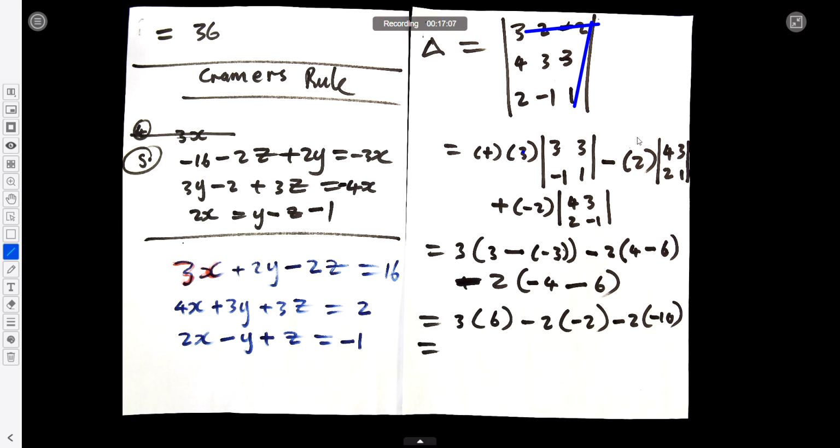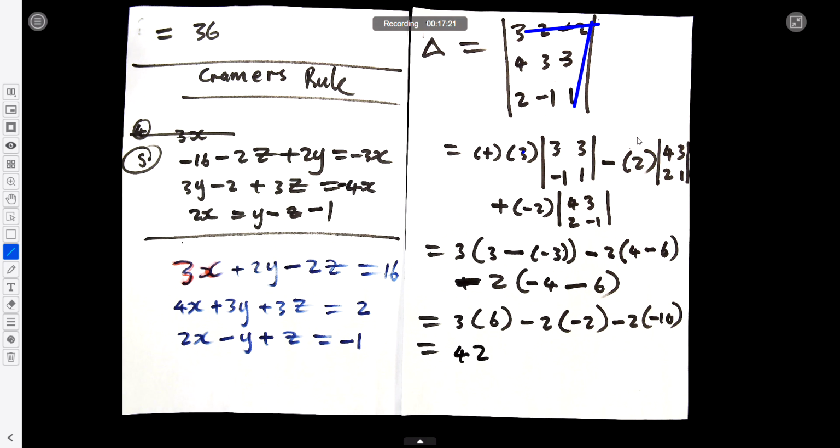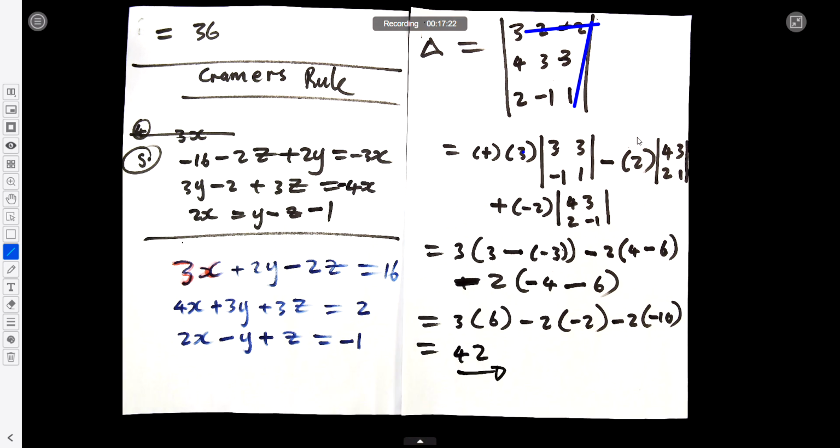Positive 4, 22. So you are getting 42. Is it not? This is 4, this is 18, 22, this is 20, which is 42. The signs become positive, positive.